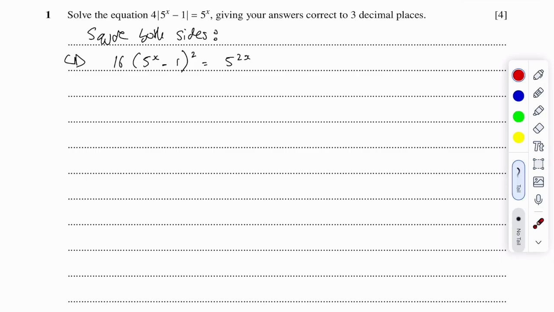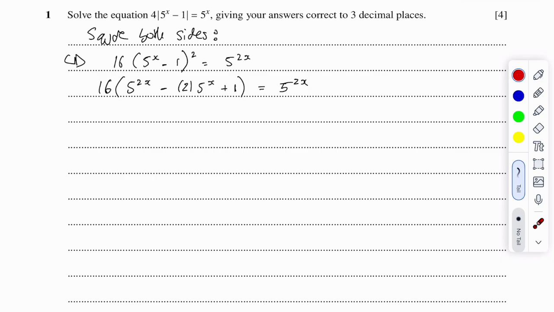If we expand this out, we get 16 times (5 to the 2x minus 2 times 5 to the x plus 1) is equal to 5 to the 2x.